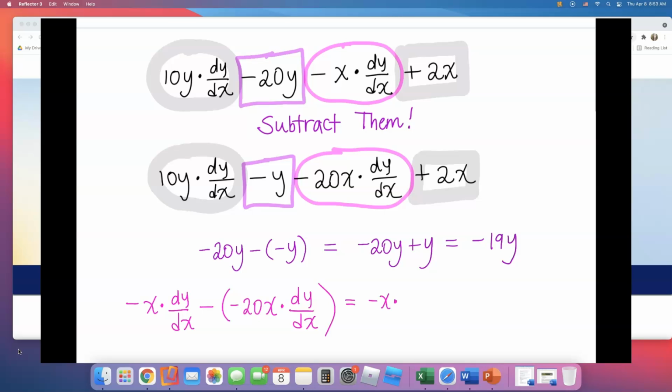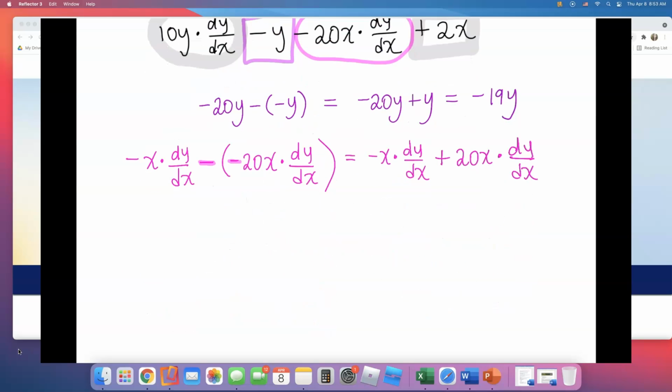Negative x times dy dx, and this minus and this minus will turn into plus 20x times dy dx. So if you combine the negative 1x and positive 20x, you will get positive 19x times dy dx. We're doing super good. Now this purple term and this pink term that I just got, these are the only two terms on the numerator.